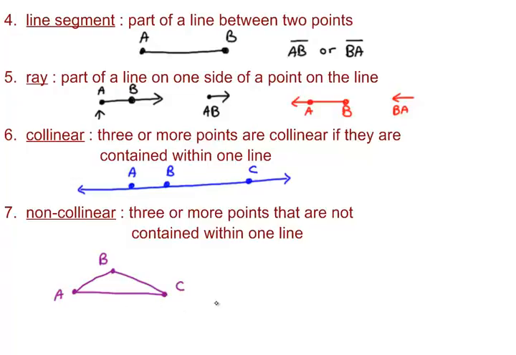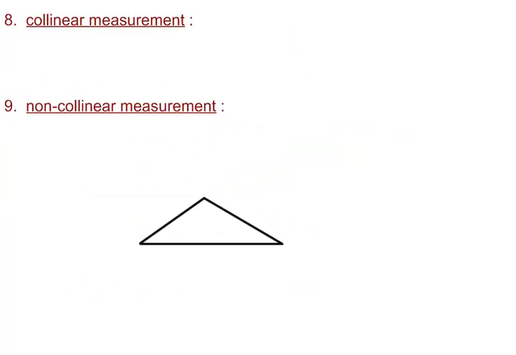Okay, so that's non-collinear. If we had 4 points, it would form a quadrilateral. So, the reason we're spending a lot of time talking about the triangles, we're going to talk about this property later on.